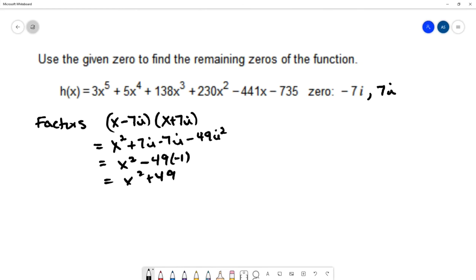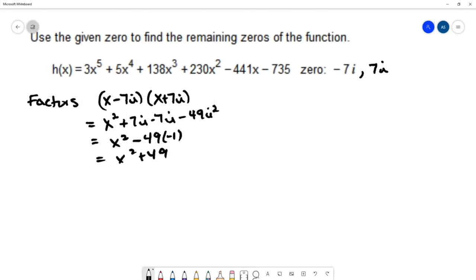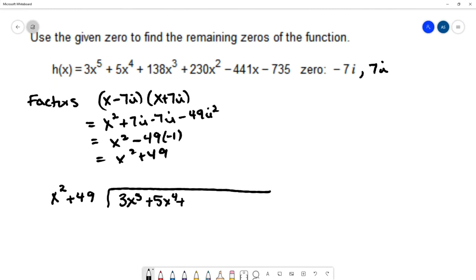And I know that this factor of x squared plus 49 will divide into our polynomial, reducing it down for us. So I'm going to use long division. x squared plus 49 divided into that polynomial of 3x to the 5th plus 5x to the 4th plus 138x cubed plus 230x squared minus 441x minus 735.